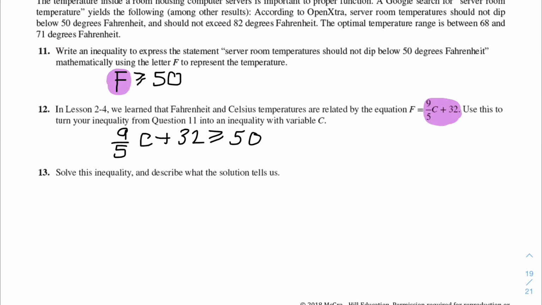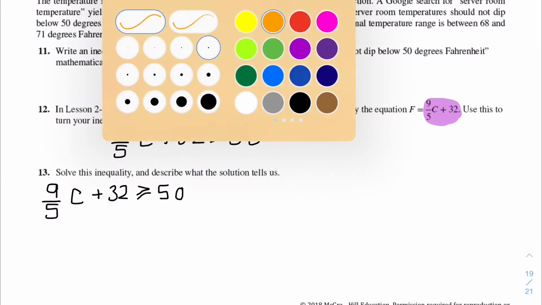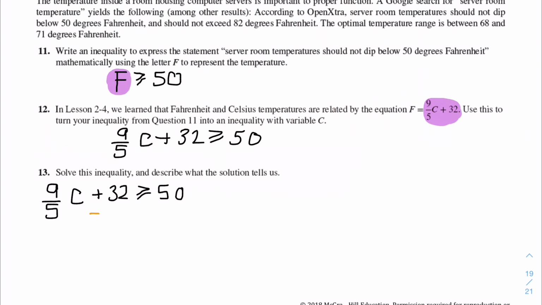So any value of C, which is the degrees Celsius that satisfies this inequality, will be good for our temperature. So now we want to go ahead and solve it and see what that tells us. The smallest that temperature can ever get is 50. First thing, we want to get the C variable by itself. So we're adding 32, so let's go ahead and subtract it for those two to cancel out.